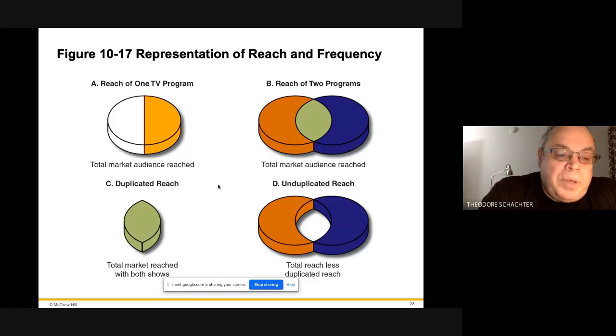Now, people who read the Wall Street Journal will also read, not all of them, but some people read the Wall Street Journal, also read the New York Times business section. Therefore, you not only have reach, but the people who read both newspapers are in the middle. And that's not reach, that's frequency.